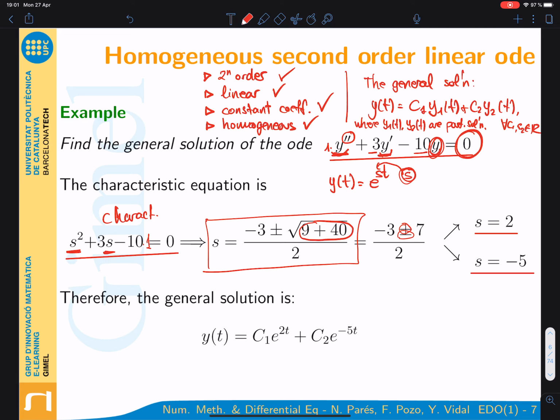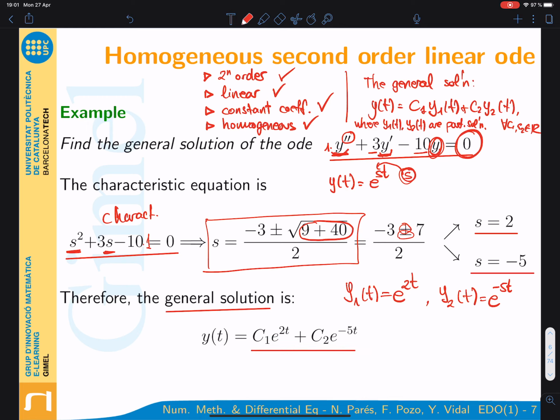So we found that the exponential of 2t is one particular solution, and the exponential of minus 5t is another particular solution, linearly independent of the other one. They are different solutions.